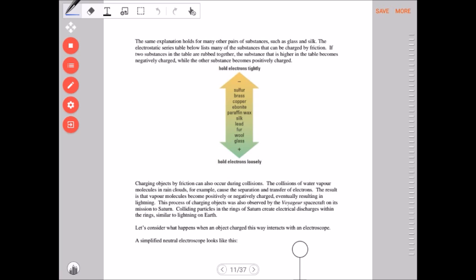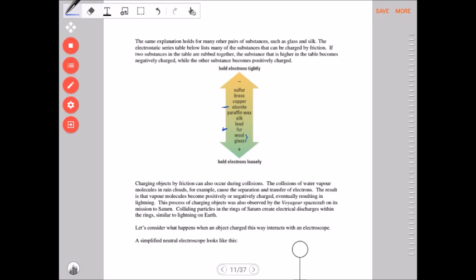So for instance, if we have this ebonite rod rubbing with fur, the ebonite gets to be negative and the fur gets to be positive. If we had glass and wool, glass would end up positive, wool would end up negative. That's just the way it works.